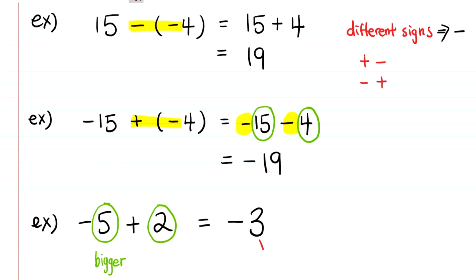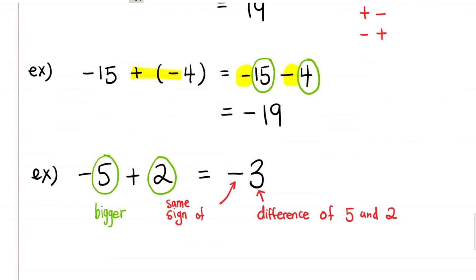We rewrite it: 3 is from the difference of 5 and 2, and this negative sign follows the sign of the bigger magnitude, the same sign as the number with the bigger number.